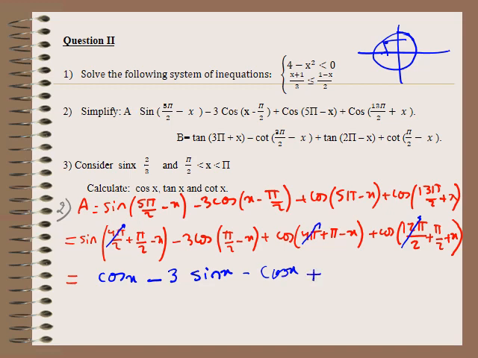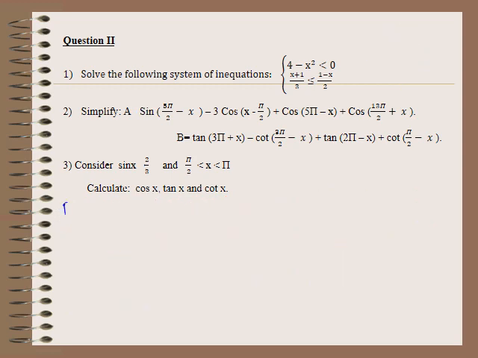Plus cosine of pi over 2 plus x is minus sine x, so minus sine x. Equals cosine x minus cosine x minus 3 sine x minus sine x, which is minus 4 sine x.